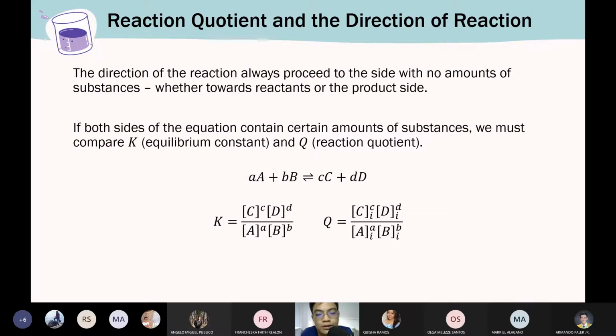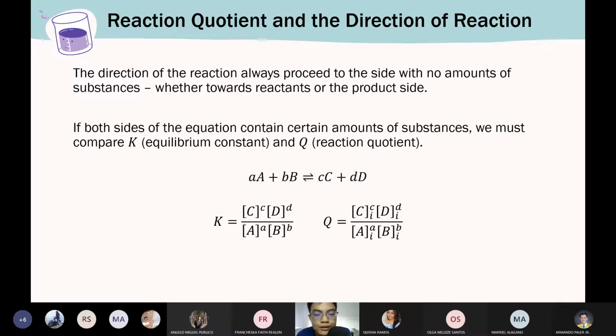If K is an equilibrium constant, we have this letter Q, which is called the reaction quotient. So what is the reaction quotient and what is K? K is the equilibrium constant, meaning when everything is balanced, that is its value. And what is Q?